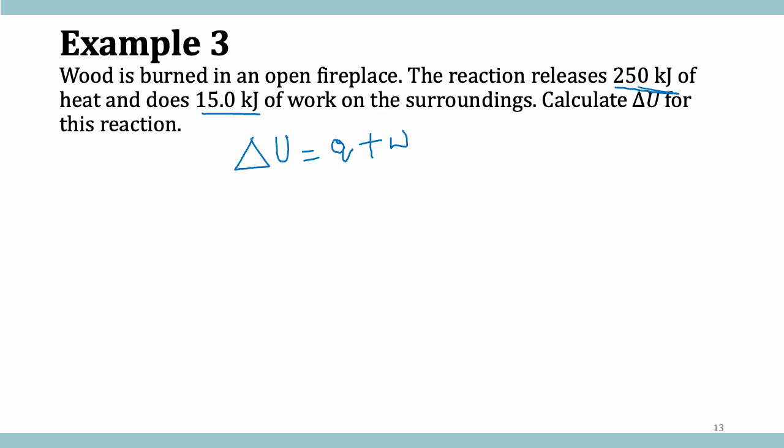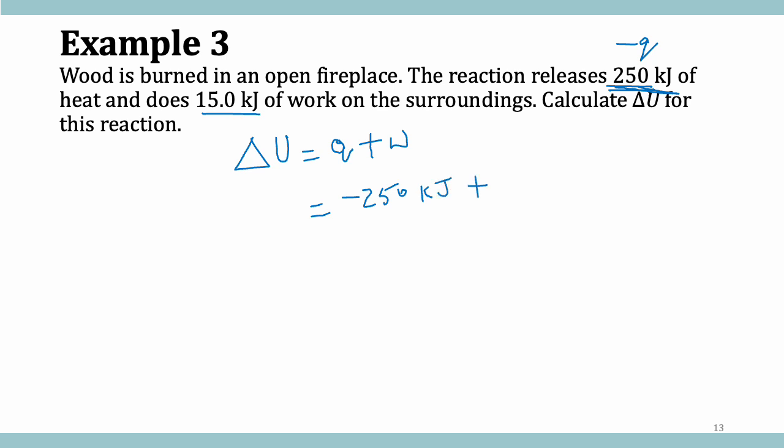The reaction that I'm interested in releases 250 kilojoules of heat, meaning it lost this much heat. So what would be the sign of Q? Q will be negative, which means in this case my heat is negative 250 kilojoules because it was lost.